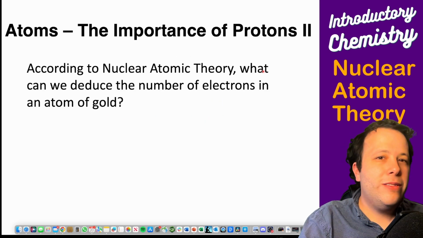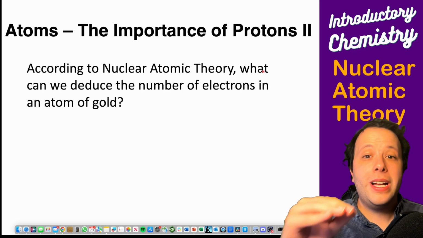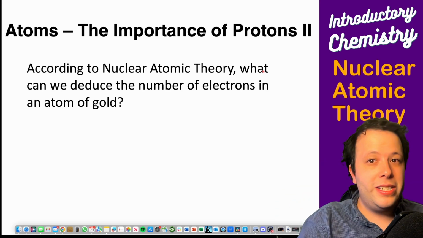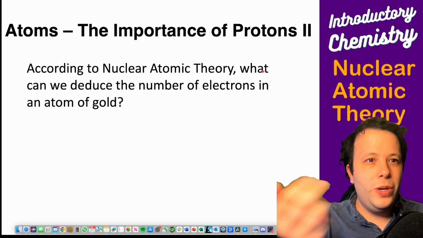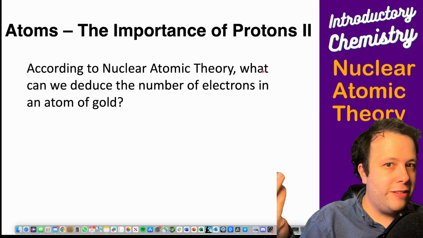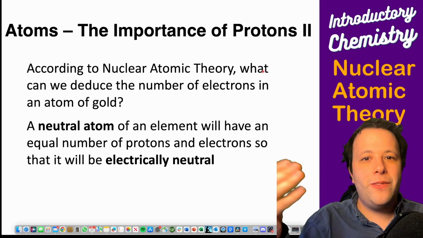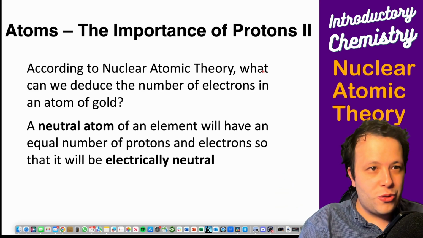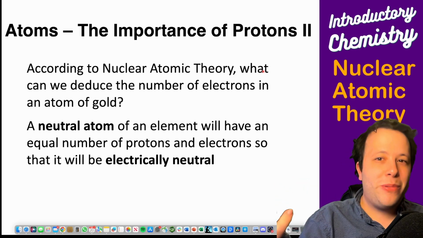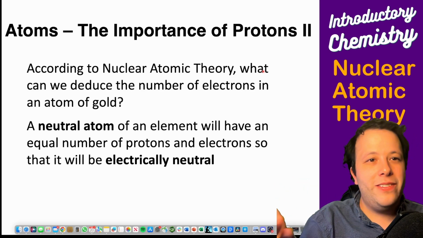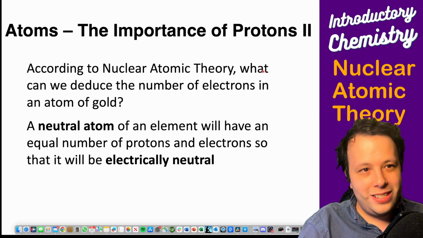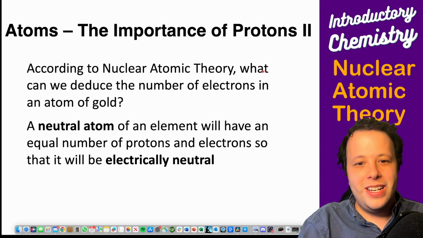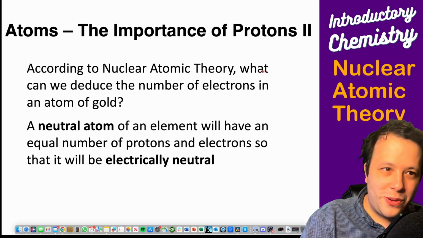The other thing to remember is, if I can figure out my number of protons from the atomic number, we can also figure out how many electrons we have. That's because every single one of these species are neutral. So if I have 79 protons of gold, I would have 79 electrons as well. Now, we can also do this for other elements.